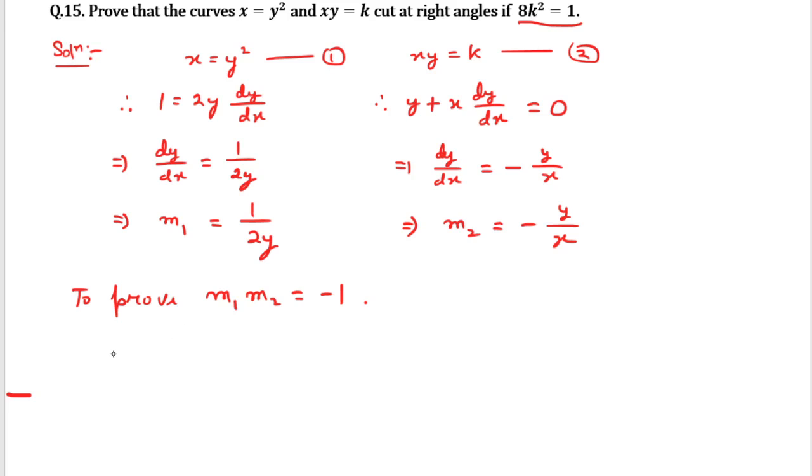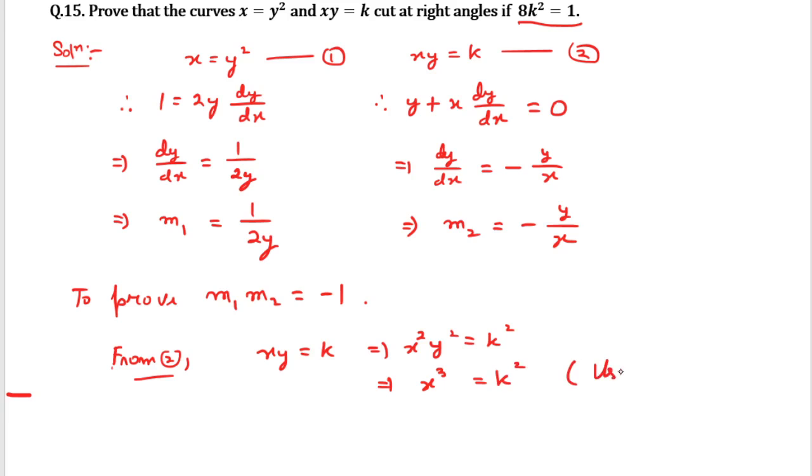Now in 2, I have xy equal to k. If I square both the sides, I will get x square y square equal to k square. From here, using equation number 1, that y square equal to x, I will get x cube equal to k square.